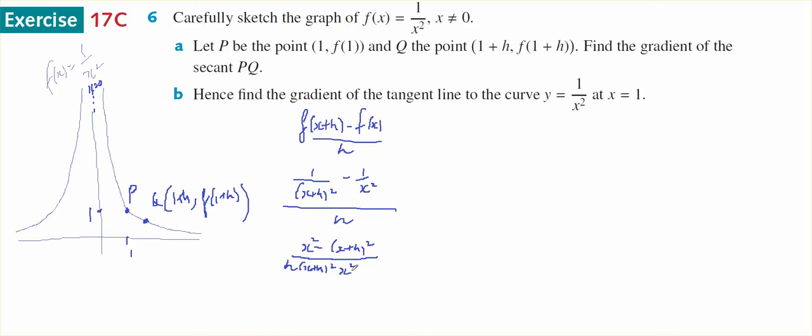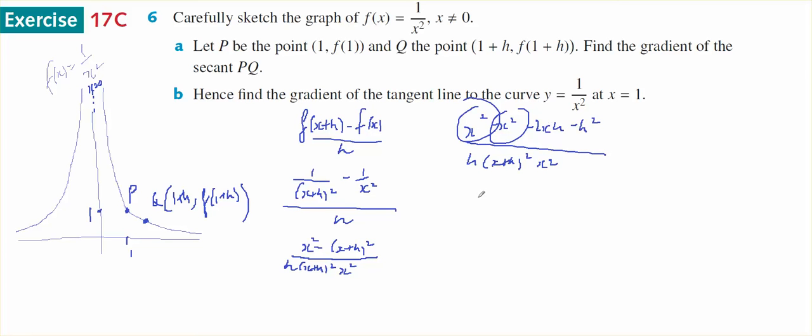So that's going to be x² - x² - 2xh - h² all over h(x + h)²x². These sum to 0.